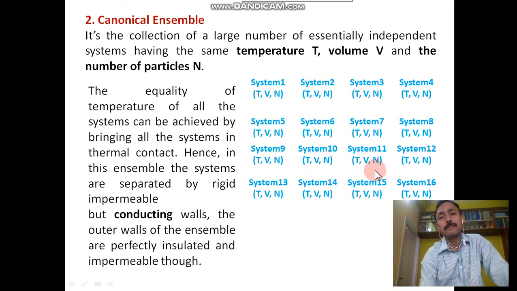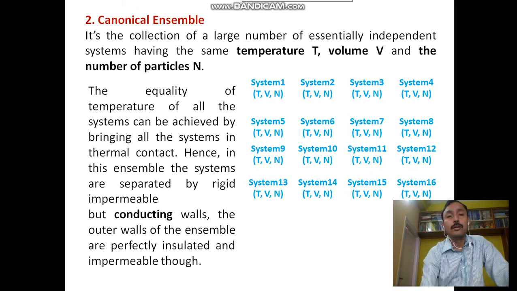All the systems have the same T, V and N. Now we have removed the borders here. Why? Here also the walls are rigid and impermeable, but they are conducting. In the microcanonical ensemble, the walls are rigid and impermeable, but not conducting. Here the walls are conducting.